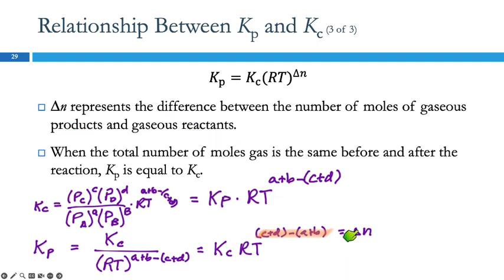So delta, final minus initial: C and D are the final or product moles of gas, and A and B are the reactant moles of gas. So the difference in the number of moles of gas. So if we have the same moles of gas before and after, then Kp is equal to Kc. But if it's different, then it's not. Questions?